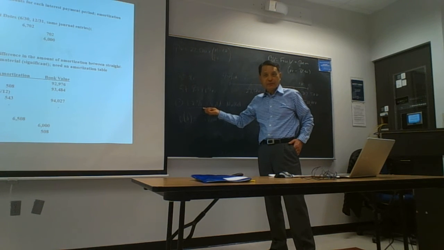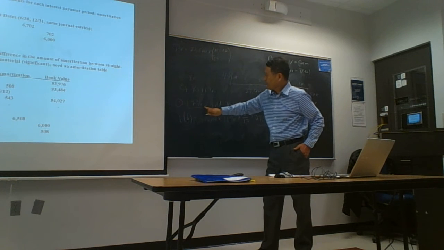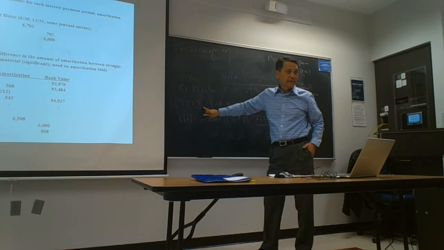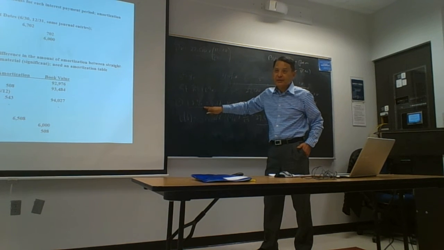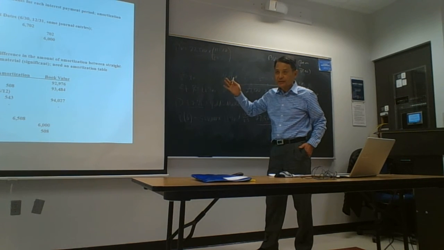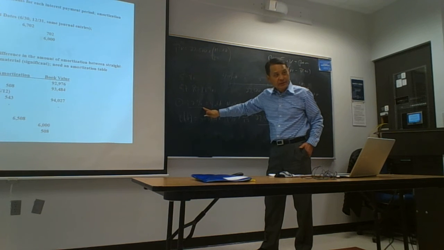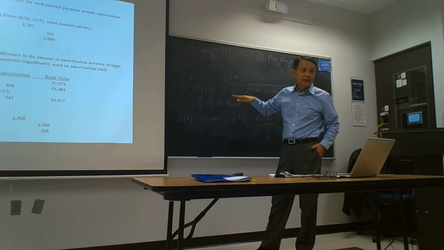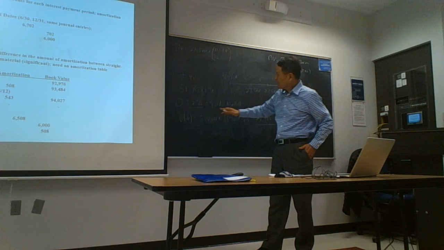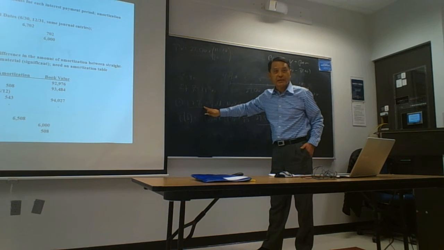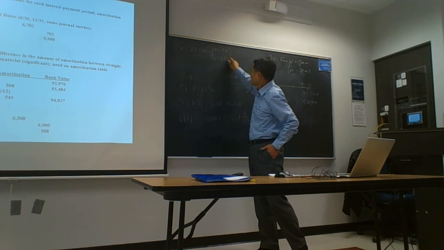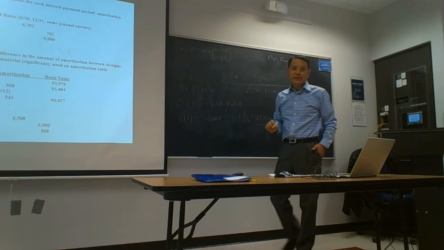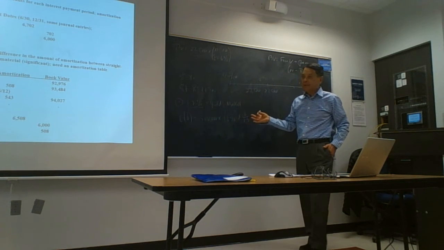You have to use the market rate, but 12% is an annual rate. Interest rate is always annual. But payment is made every 6 months, so you have to use half of 12%, the semi-annual rate. So the discount rate is 6%, half of the 12% market rate.